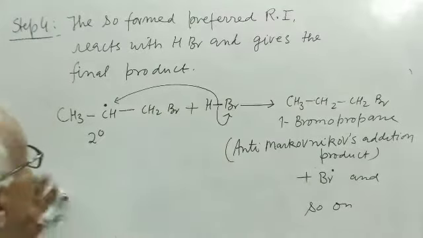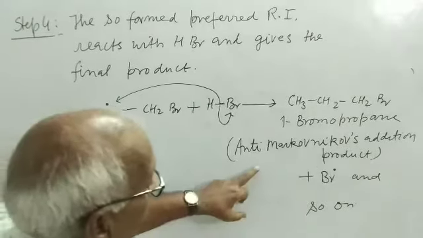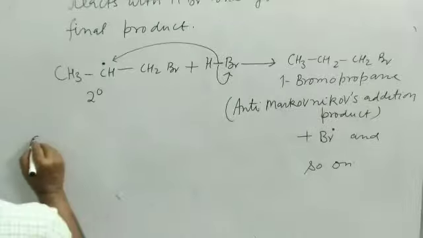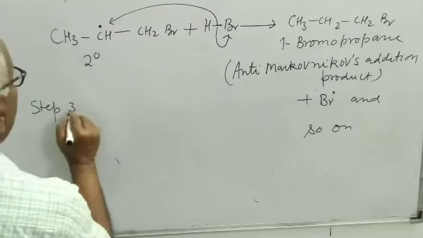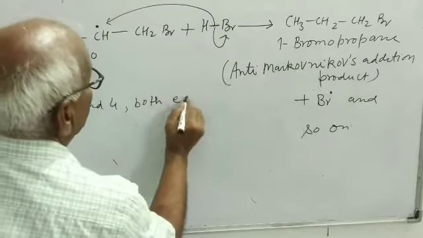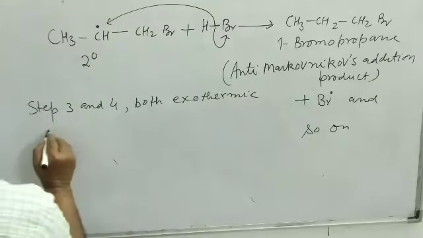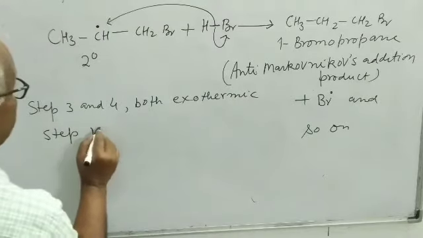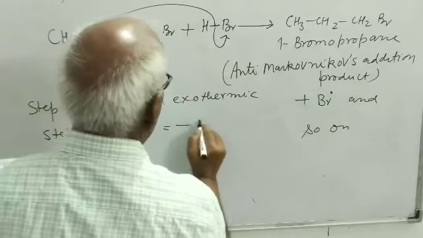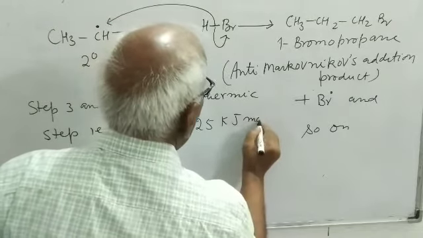So this is the free radical mechanism for the formation of the anti-Markovnikov addition product. Steps third and fourth both are exothermic steps, that is, the enthalpy change is minus 25 kilojoule per mole.